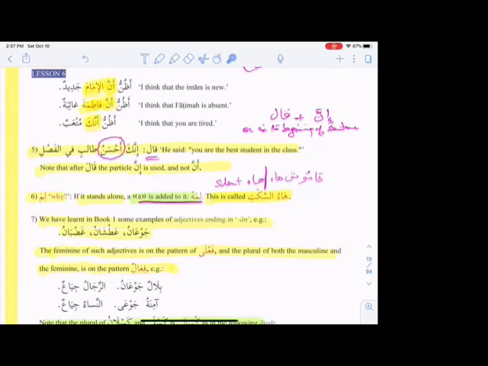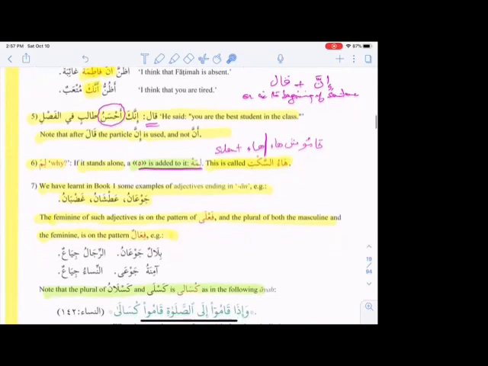Now again, I would just point out to you, my brothers and sisters, you should not pay too much attention. If you forget to memorize it, don't worry, because this too will come very seldom. Something will come, but mostly it will not come.